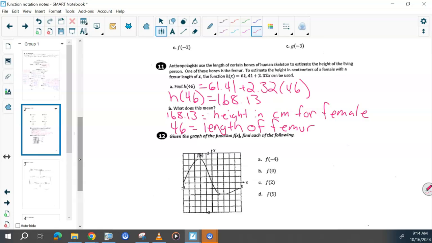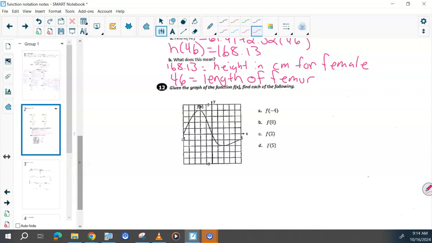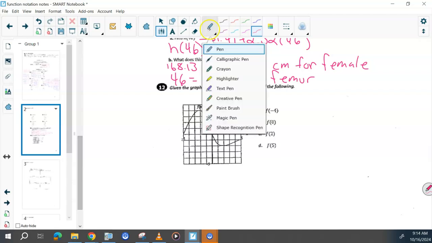Okay. In the graph, you're doing the same thing, but now you're looking at the graph, you're reading it. So if I say, what is f of negative 4, I'm looking at when x is negative 4, what is your y value? Where does this cross the y value? I'm going to outline your x and y axes.